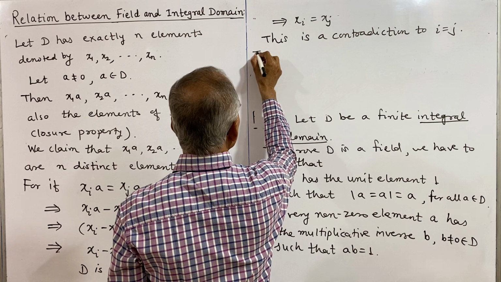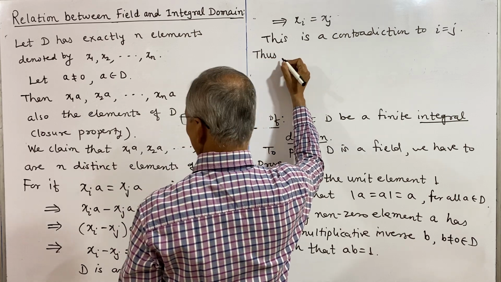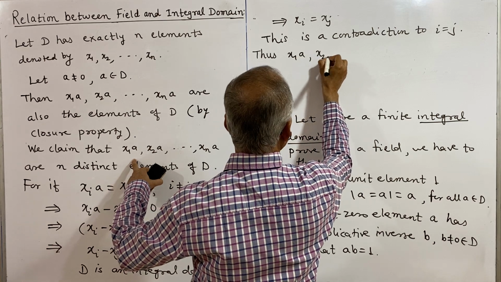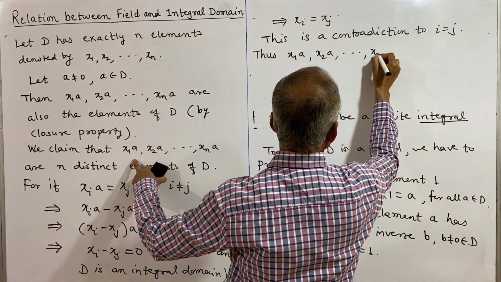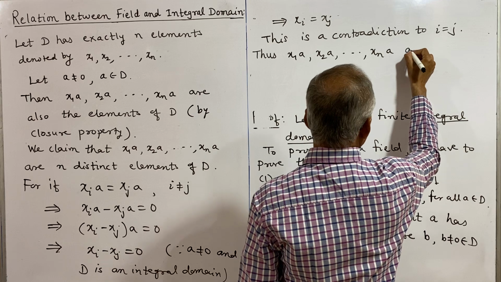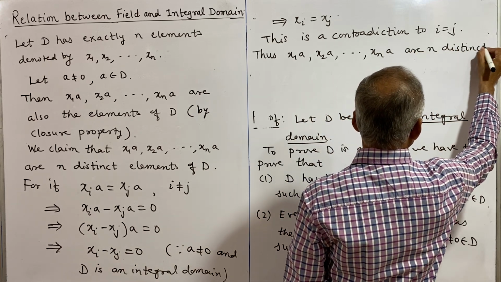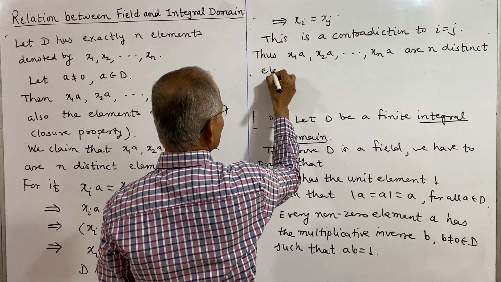Thus x1a, x2a and so on, xna are n distinct elements of D.